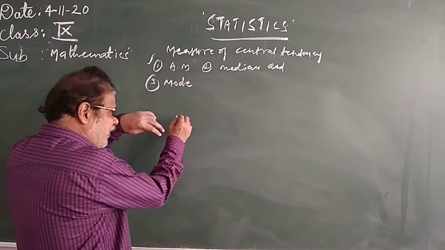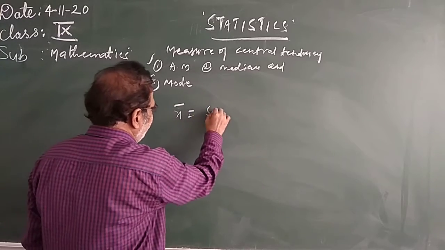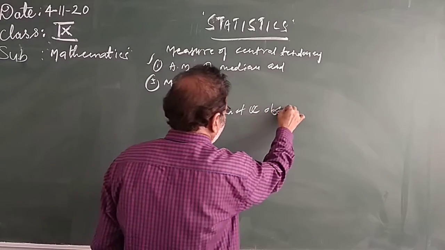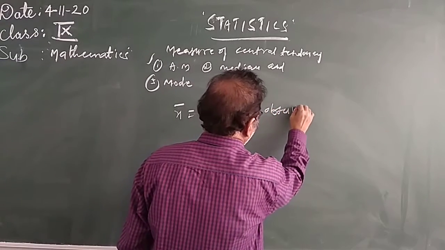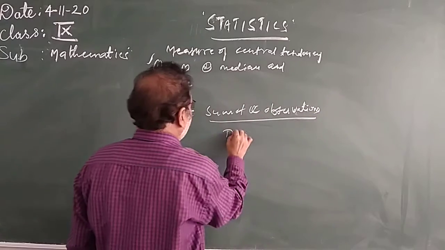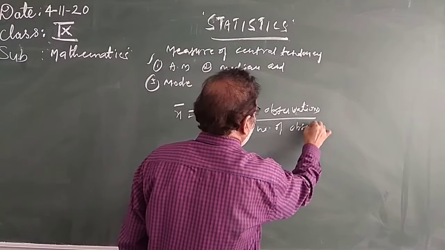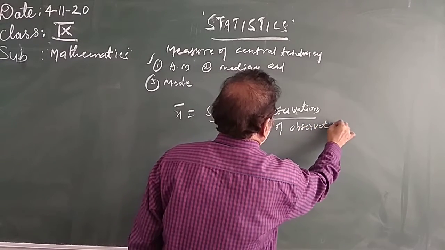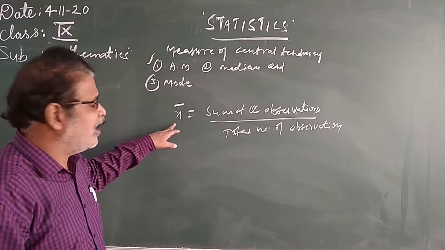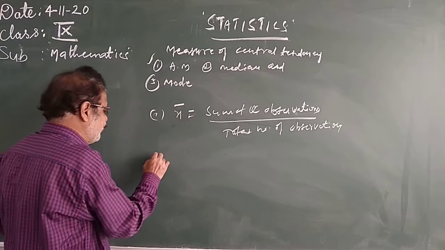Generally, the arithmetic mean, represented by x bar, is equal to the sum of the observations by the total number of observations. This ratio is called the arithmetic mean for ungrouped data. Similarly, one more formula is there.